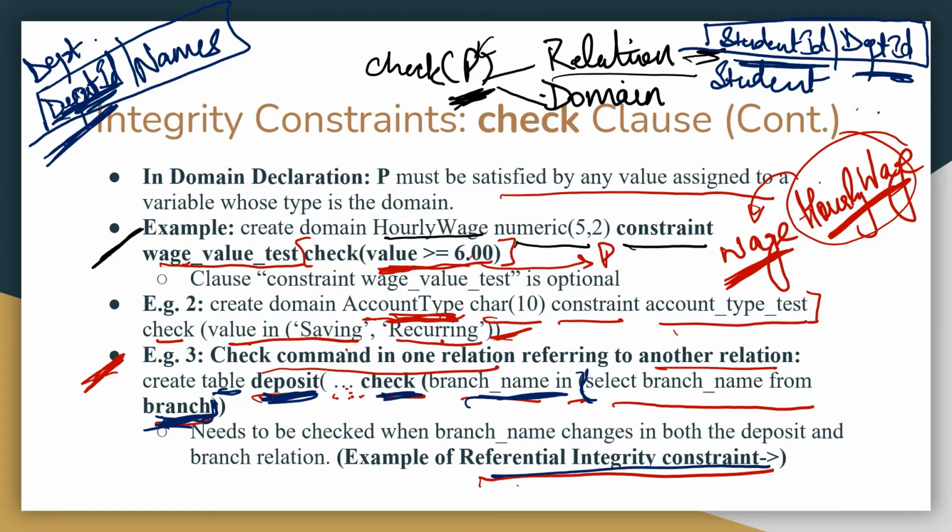And we can clearly say that student.department ID will always be a subset of department.department ID.